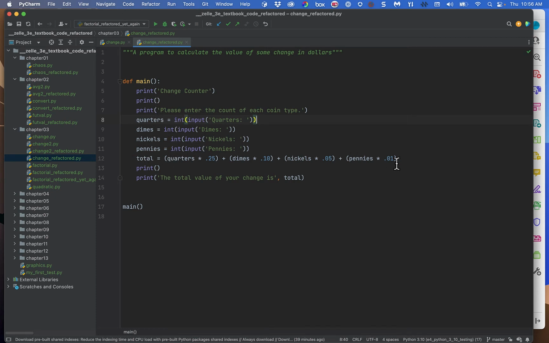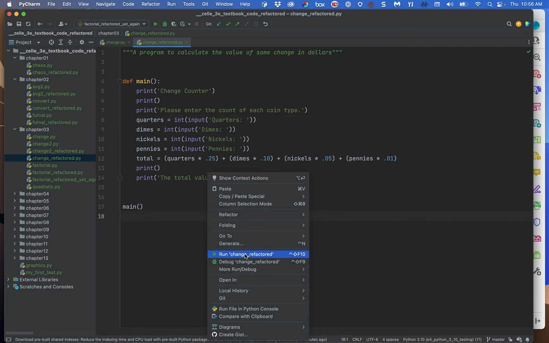And then on line 12 here, where we do the calculation, I've added parentheses, even though they're not absolutely necessary. It's good programmer practice to include them, and that's what we're expected to do in my class. And then we're printing the answer.